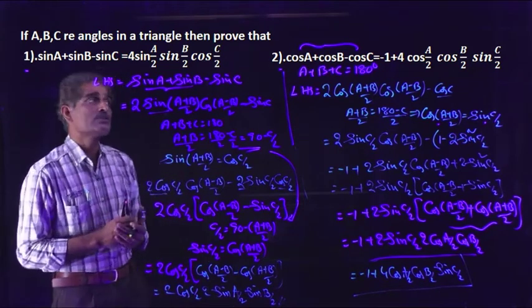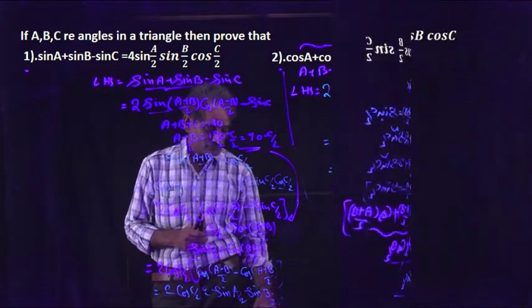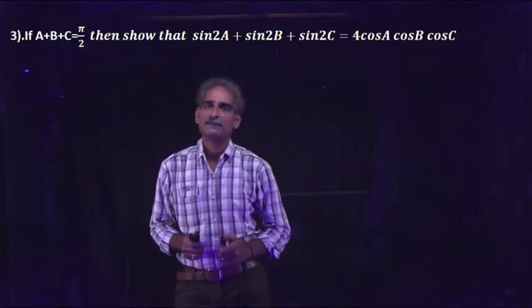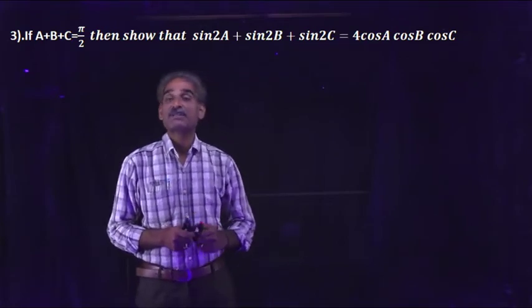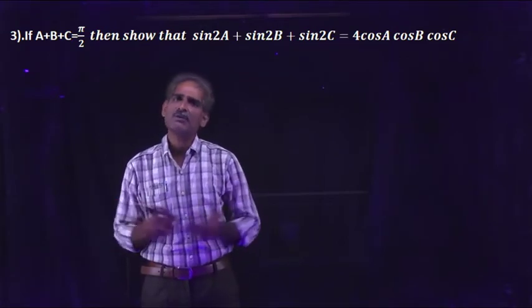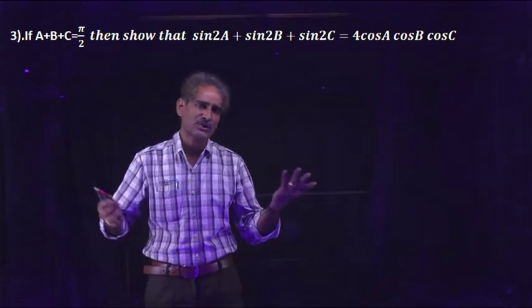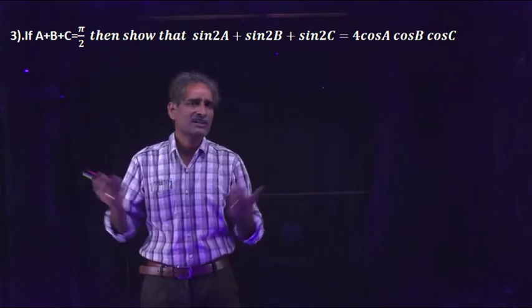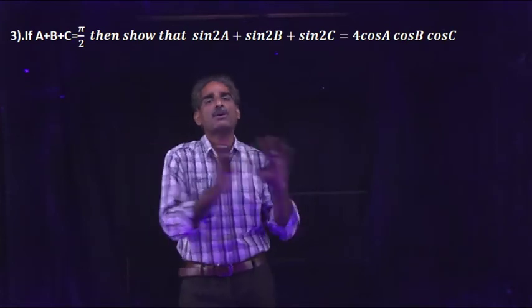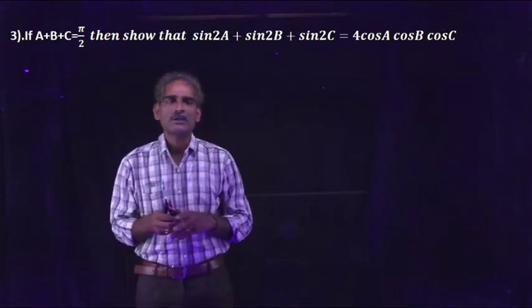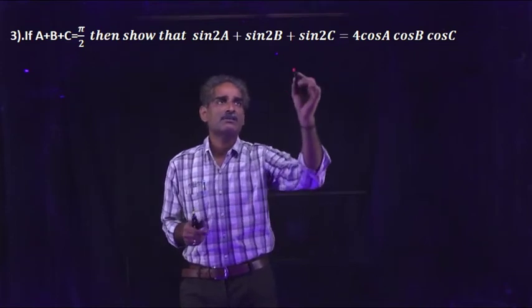Okay, let's see 2 more problems. See this one. Here the condition is different: a plus b plus c is 90. He may give a plus b plus c equal to 270, 360, 0 like that. What will be the condition? The procedure is same. We have to transfer sum to product or product to sum like that. Now take LHS.